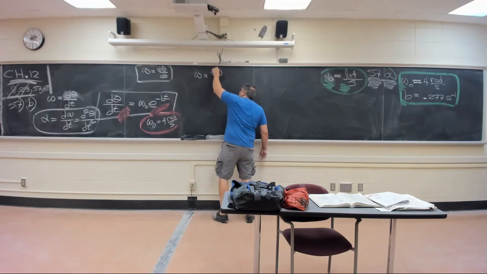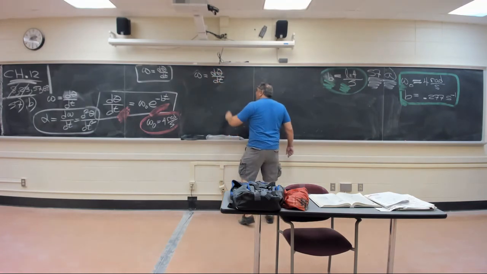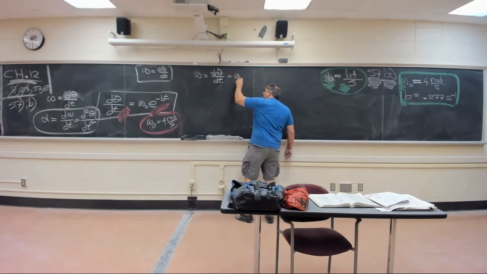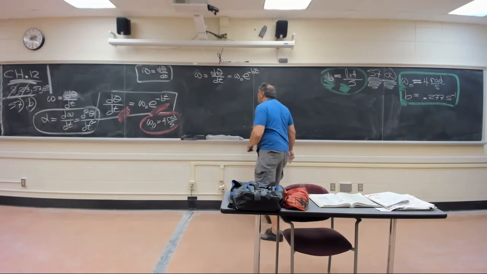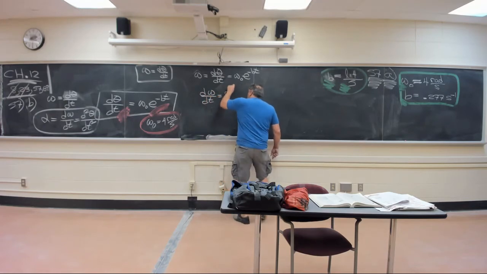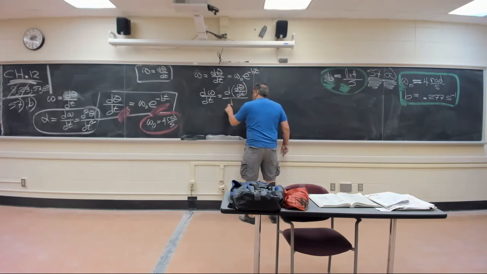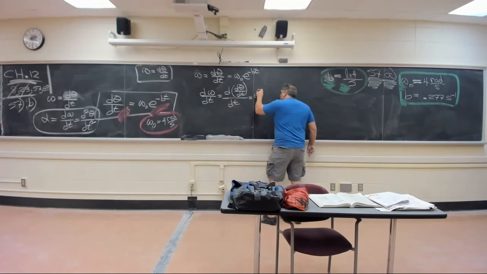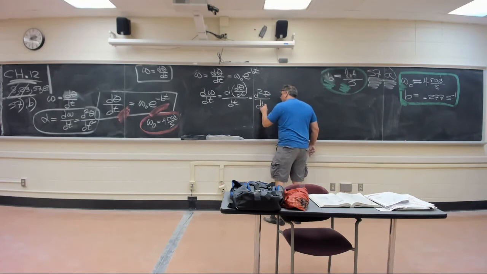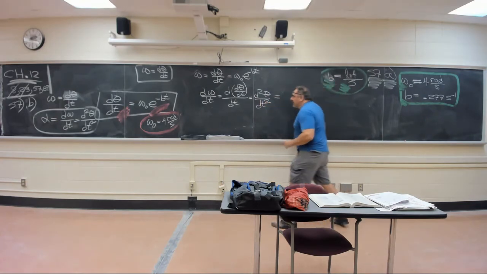Omega is d theta dt, and that's equal to omega sub 0 e to the negative bt. Therefore, d omega dt is equal to the derivative of that. Look, at the end of the day, what does that mean?